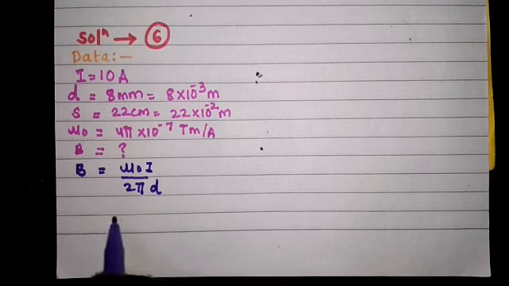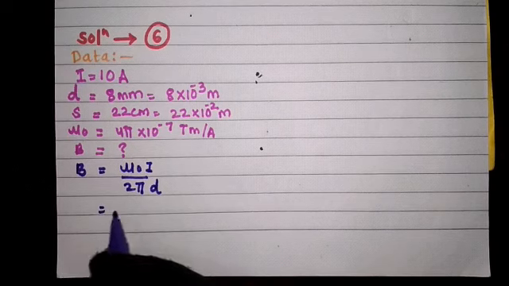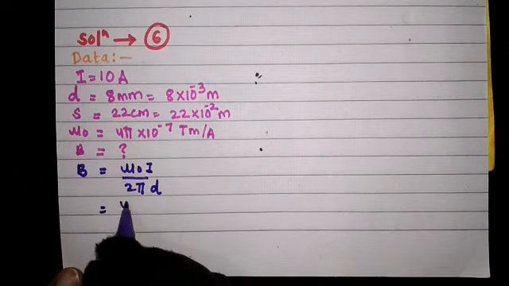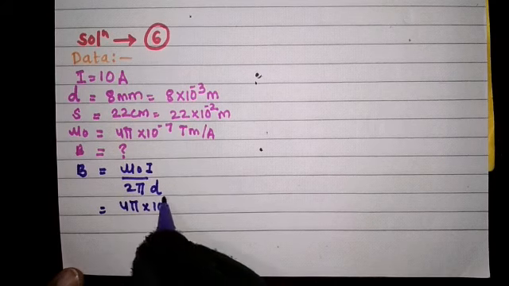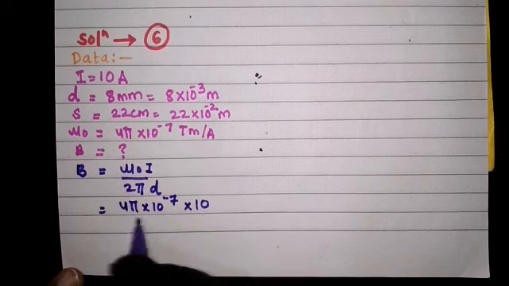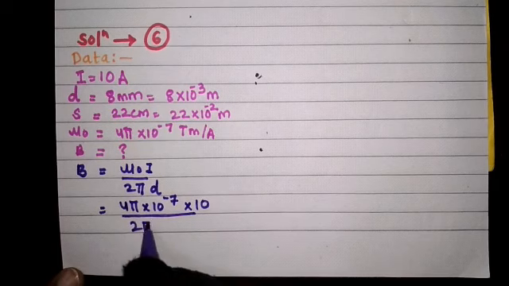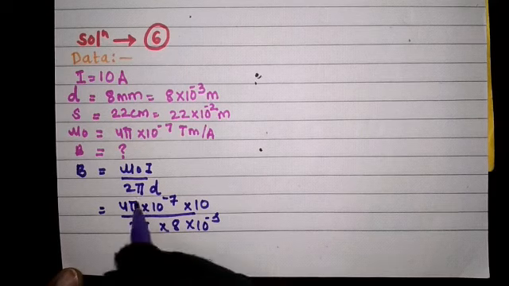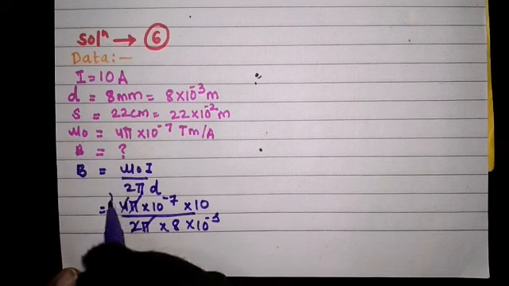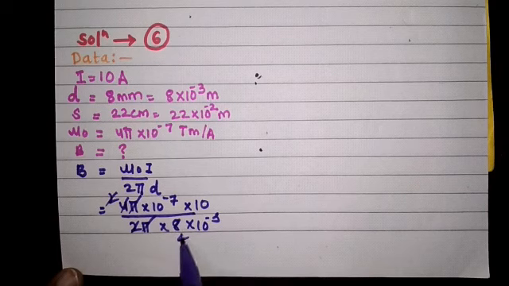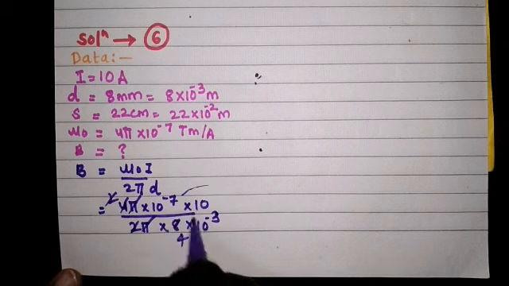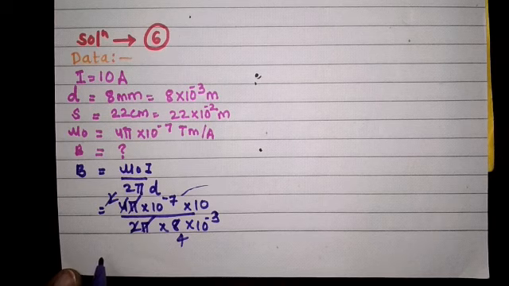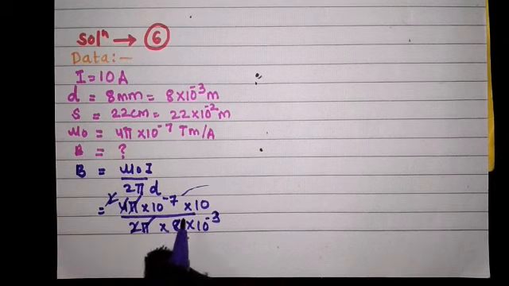We have all the values, so let's put them in. Mu naught is 4 pi into 10 raised to minus 7, into I as 10 ampere, upon 2 pi d, that is 8 into 10 raised to minus 3. Finally pi cancels, 2 twos are 4, then 2 fours are 8, and the 3 in the denominator goes to the numerator. So minus 7 plus 3 will be minus 4. Then 10 is also here.